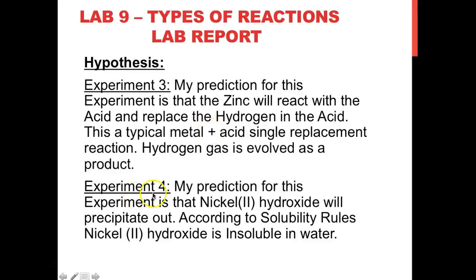Hypothesis for experiment 4 is that nickel 2 hydroxide will come out of solution, and the reason I know this is because of the solubility rules. Most hydroxides are insoluble in water, and nickel 2 hydroxide would be insoluble in water according to the solubility rules.